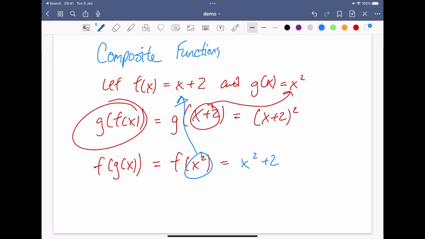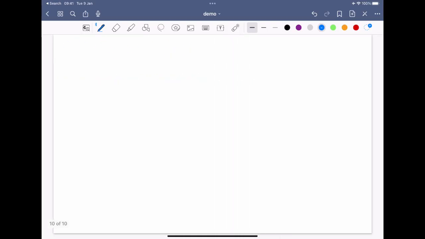Lastly, we have something called inverse functions, and this is where it gets pretty confusing. The inverse is written as f with a -1 in the exponent position, and the inverse undoes what f did, and together they cancel out.